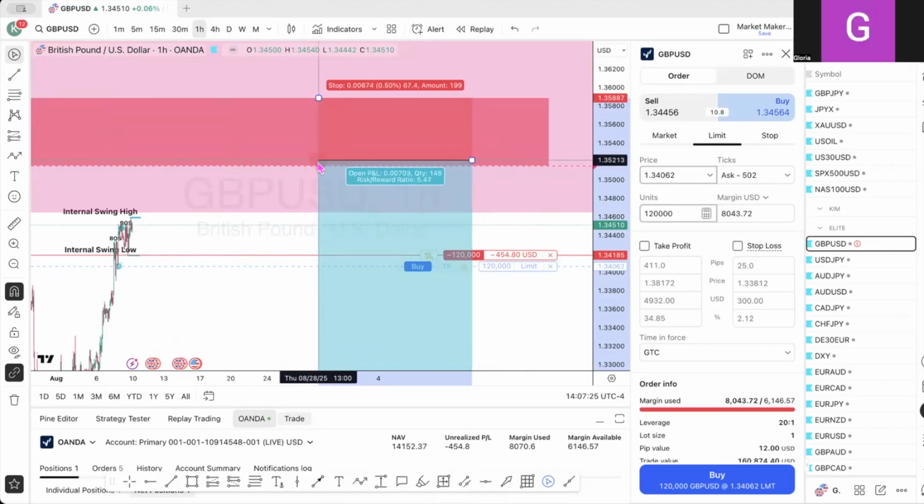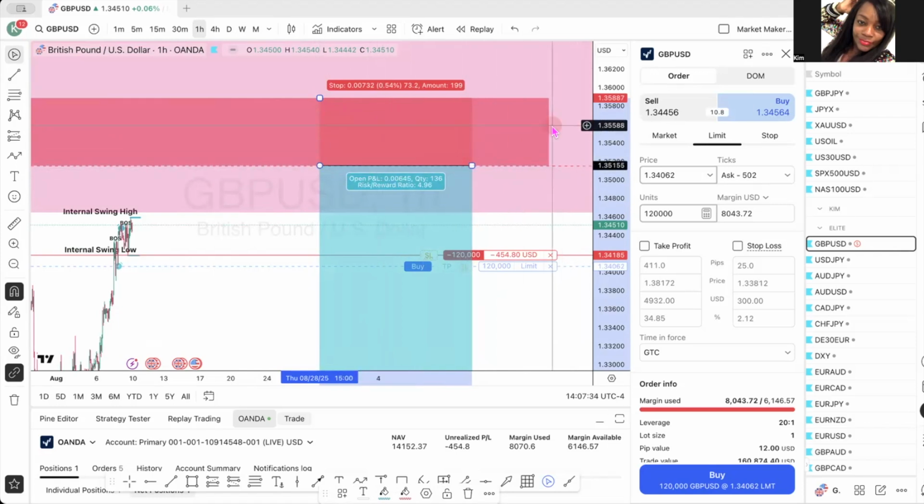But that's the alert you put on the 1 day supply zone, right? I just put an alert there right at the entry, yes. Based on this daily, yes.